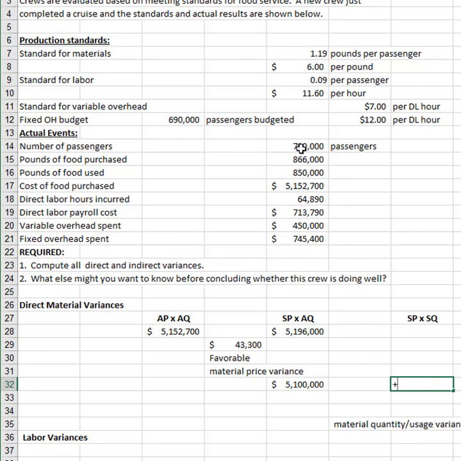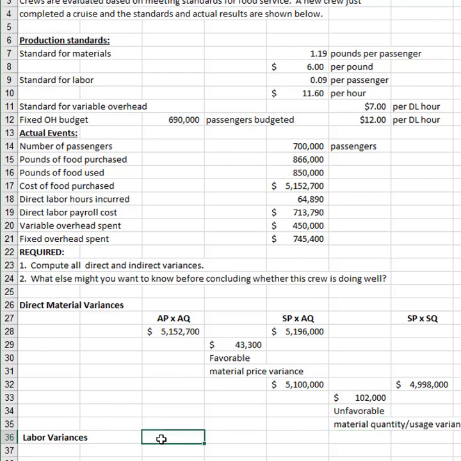All right, so we have this many passengers times that many pounds per passenger, and then it should have been $6 per pound. So then we take the absolute value of the difference, and this is unfavorable because the number of pounds consumed was greater than what was allowed per passenger, so this is unfavorable.